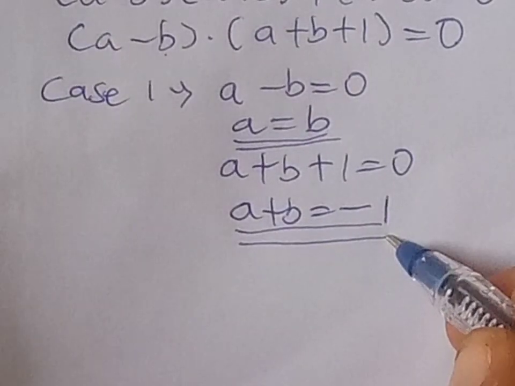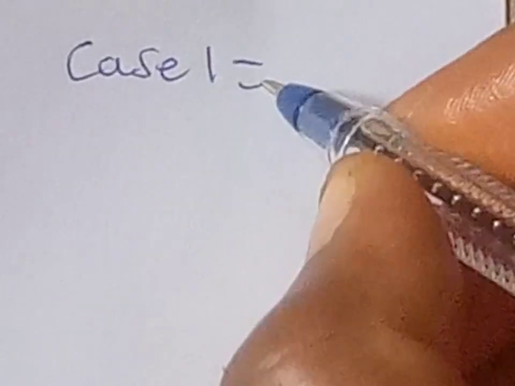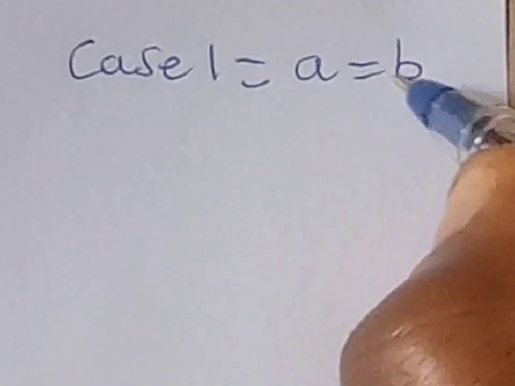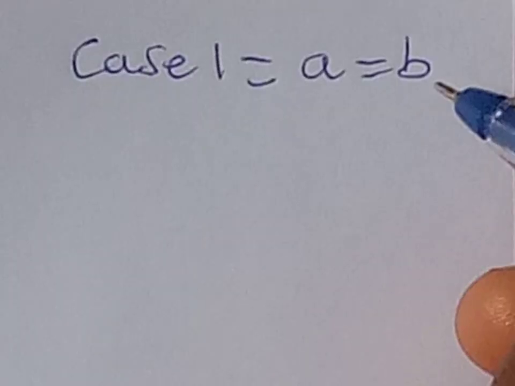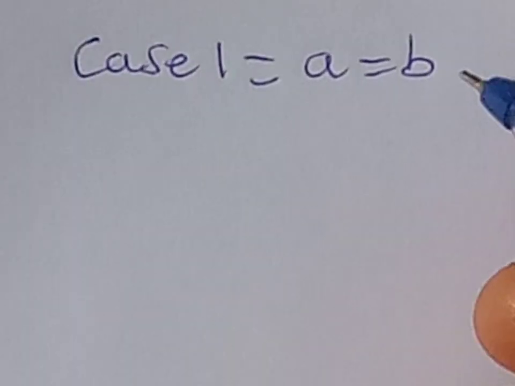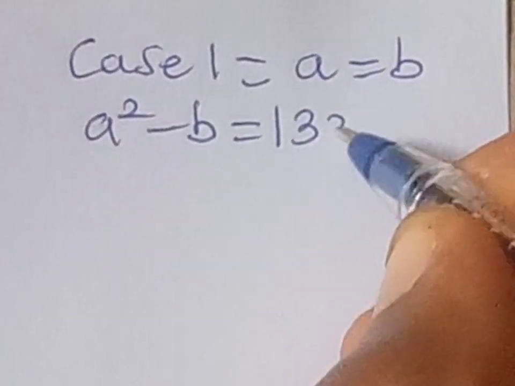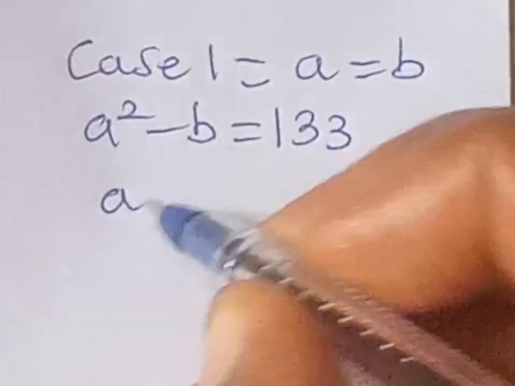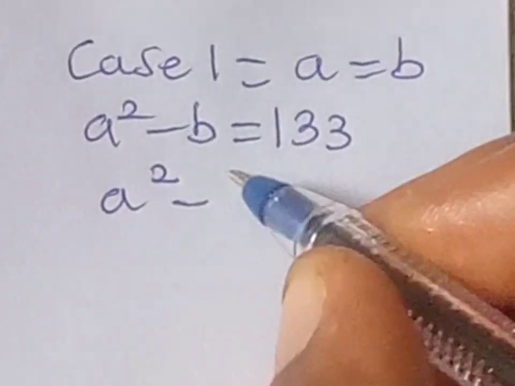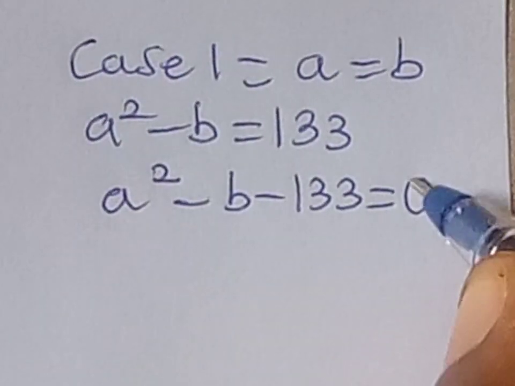Now let's solve case 1, which says a equals b. If a equals b, then let's substitute into the first equation. Our first equation says a squared minus b equals 133. Now let's substitute, which will give us a squared minus a minus 133 equals 0.